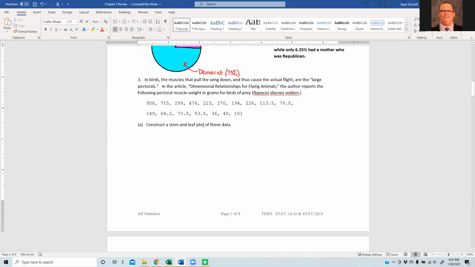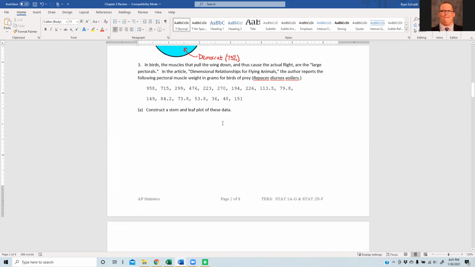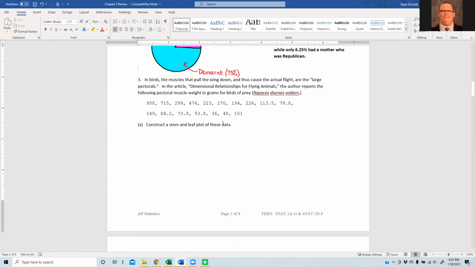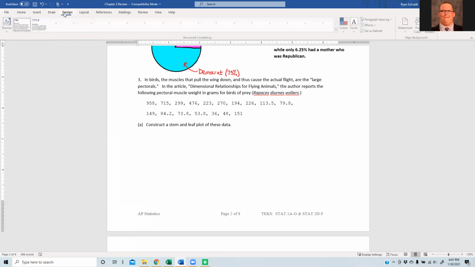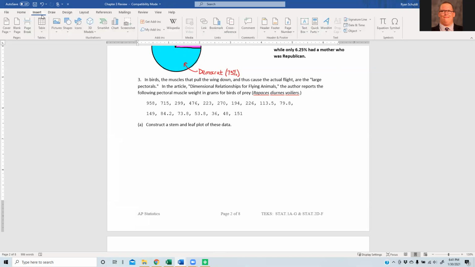Part A asks us to construct a stem plot for these data. Okay. So for a stem plot, really the only shape we need as far as shapes go that I need to insert is a line.